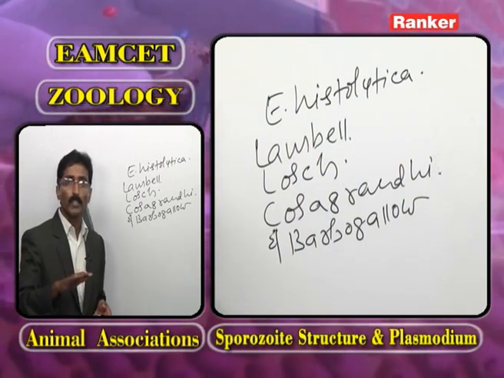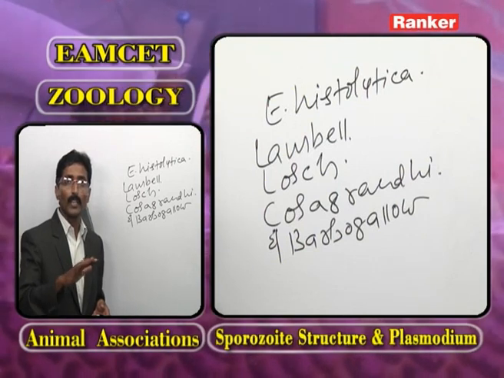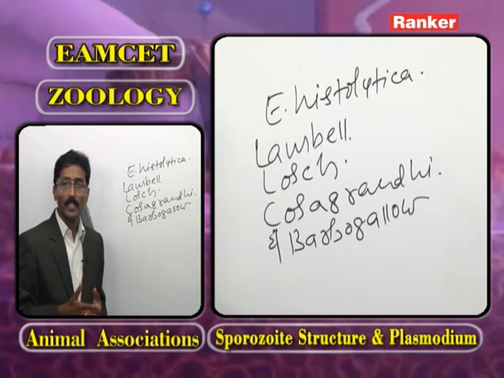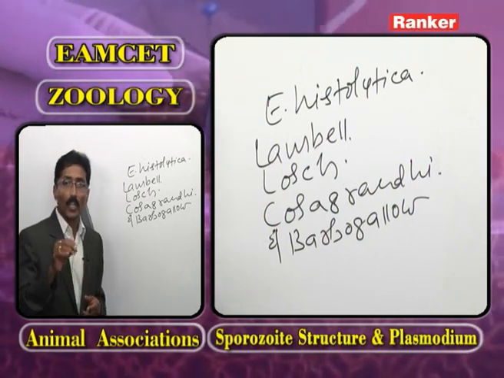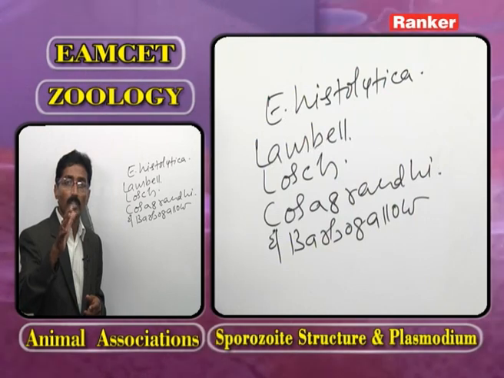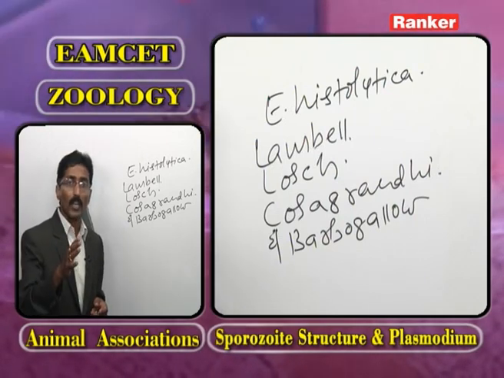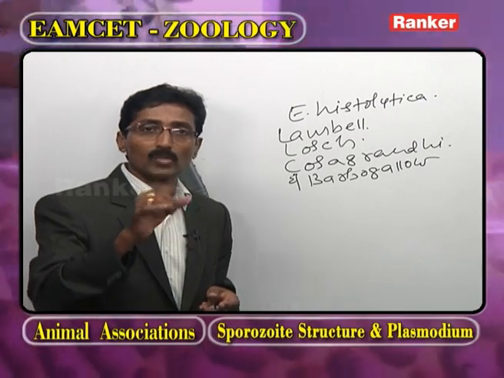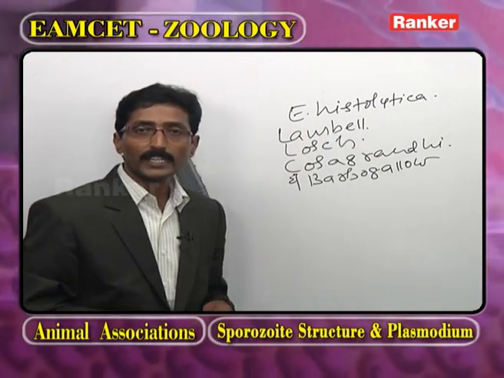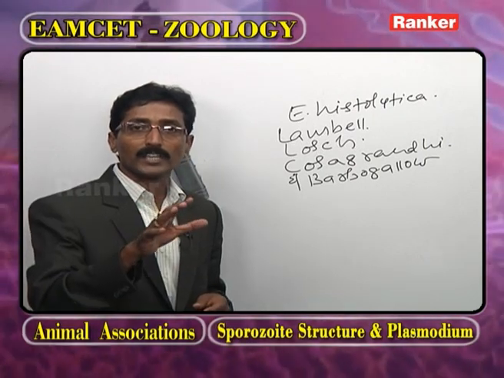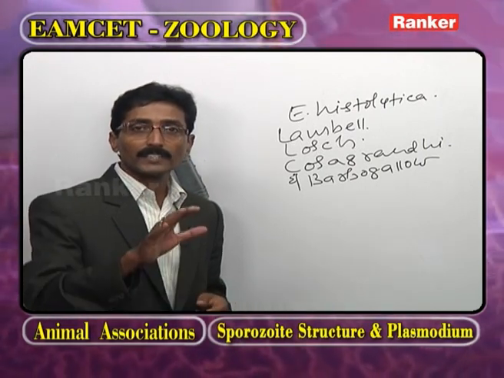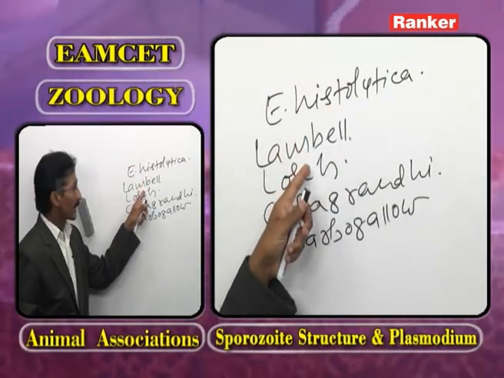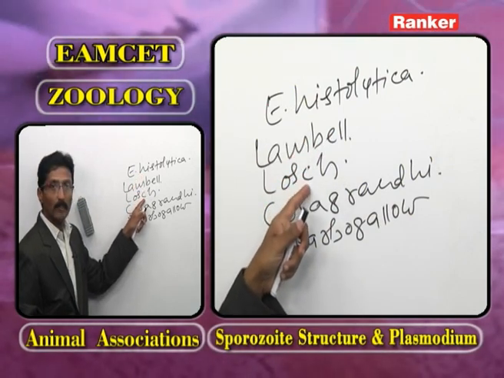In the universe, no human being escapes from Entamoeba histolytica. It means in our lifespan, we are going to take contaminated food and water here and there. Whenever we take the contaminated food and water, definitely we are going to get Entamoeba histolytica. It was discovered by Lambl. Its pathogenicity was explained by Lösch.